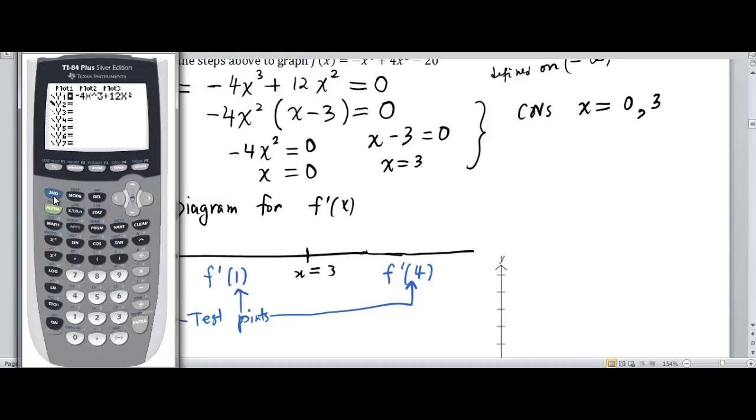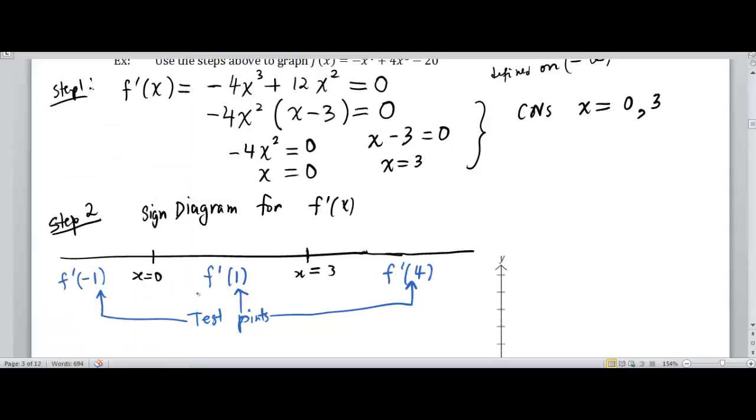And then we want to do the table function, and I want to plug in my test points, negative 1, 1, and 4. So now we'll see it's 16, 8, negative 64. The actual numbers don't matter, it's whether it's positive or negative.